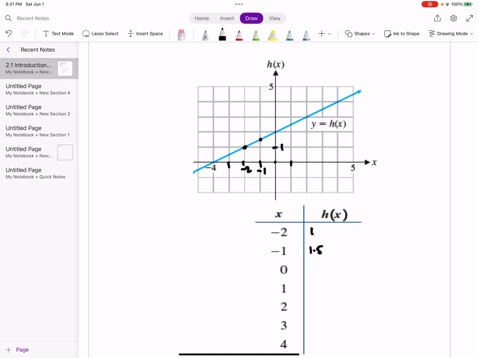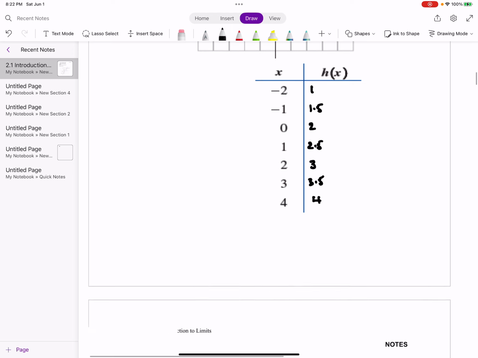When it is 0, it is 2. When it is 1, it is 2.5. When it is 2, it is around 3. When it is 3, it is 3.5. When it is 4, it is 4. So these are function values.